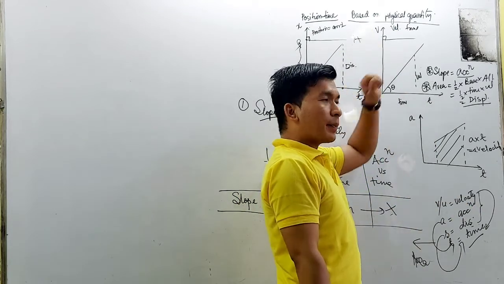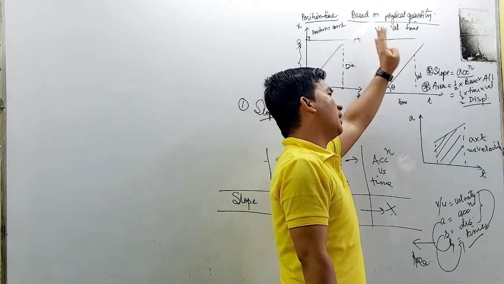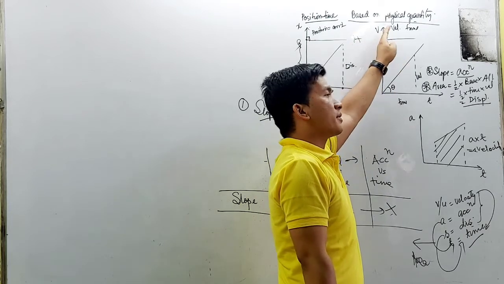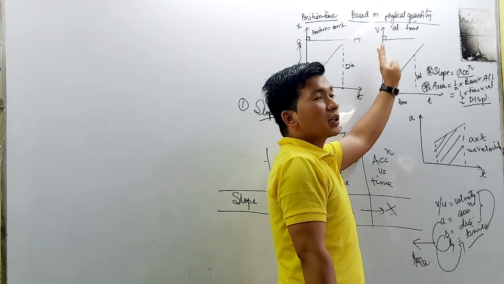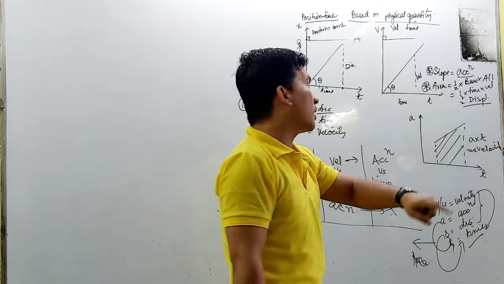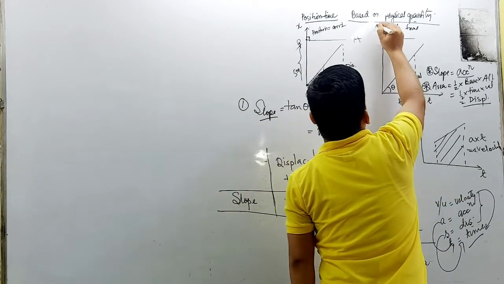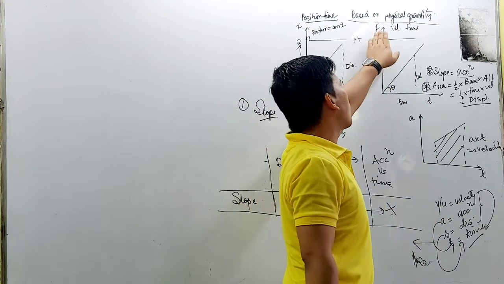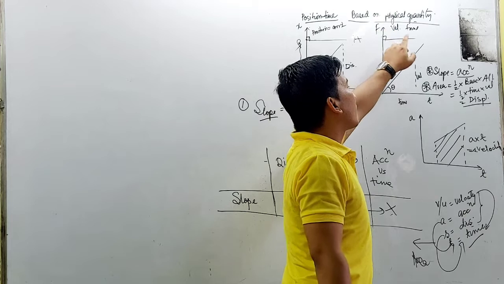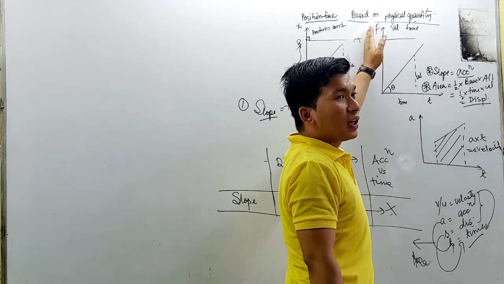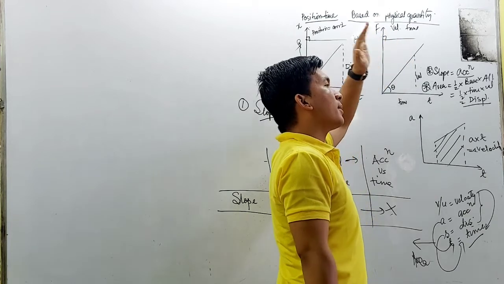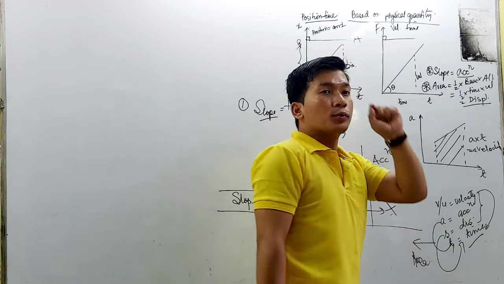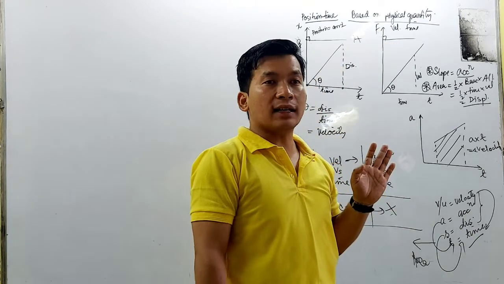If the graph is perpendicular to a particular axis, the physical quantity represented on that axis will remain constant. If this is force, and the graph is perpendicular to the force axis, the force will remain constant.